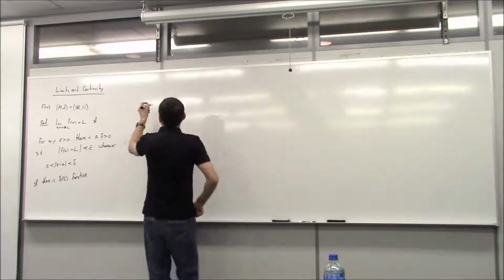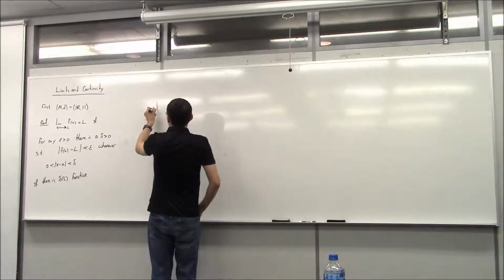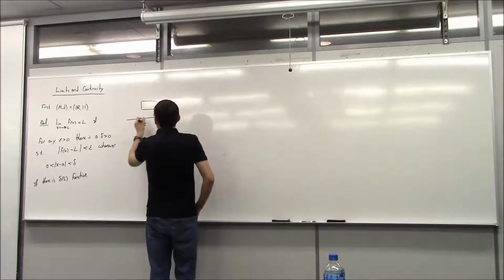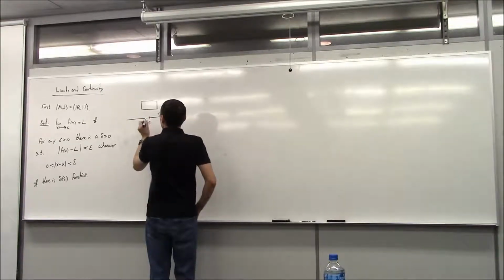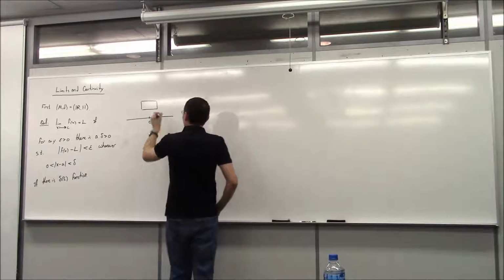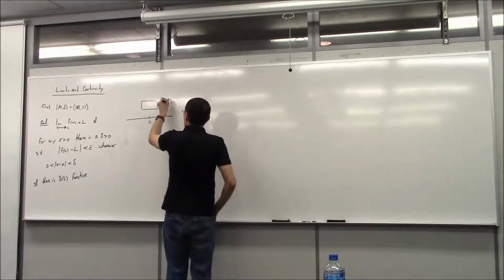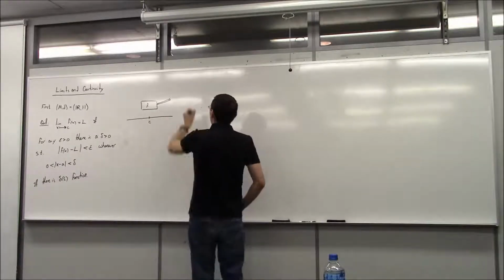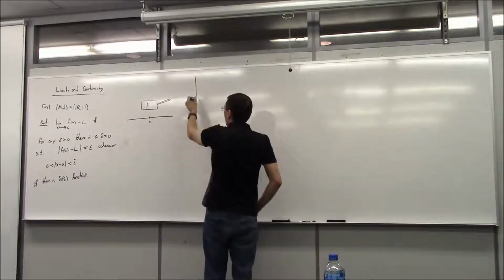The way I imagine it is like a water cannon. You have a water cannon, you slide it over the point c, and this is your function f, and this is the wall.